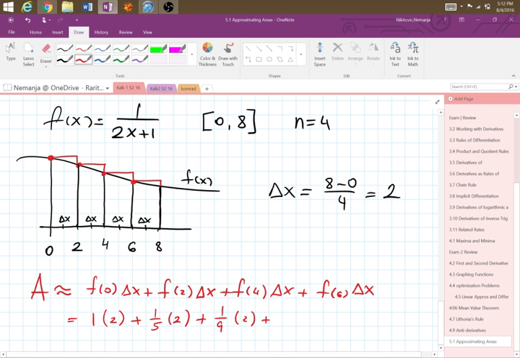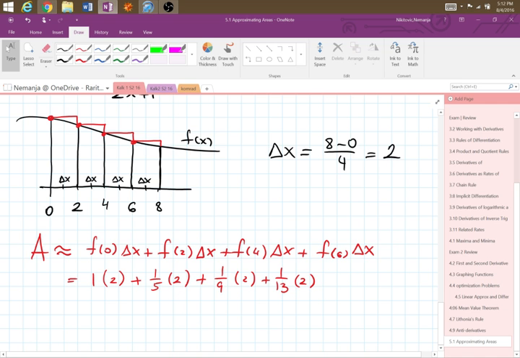And then 6, 12, 13, 1/13 times 2. So you see, it's just annoying calculations. It's nothing difficult, I hope. 2 plus 2/5 plus 2/9 plus 2/13. And that's going to equal a number eventually.